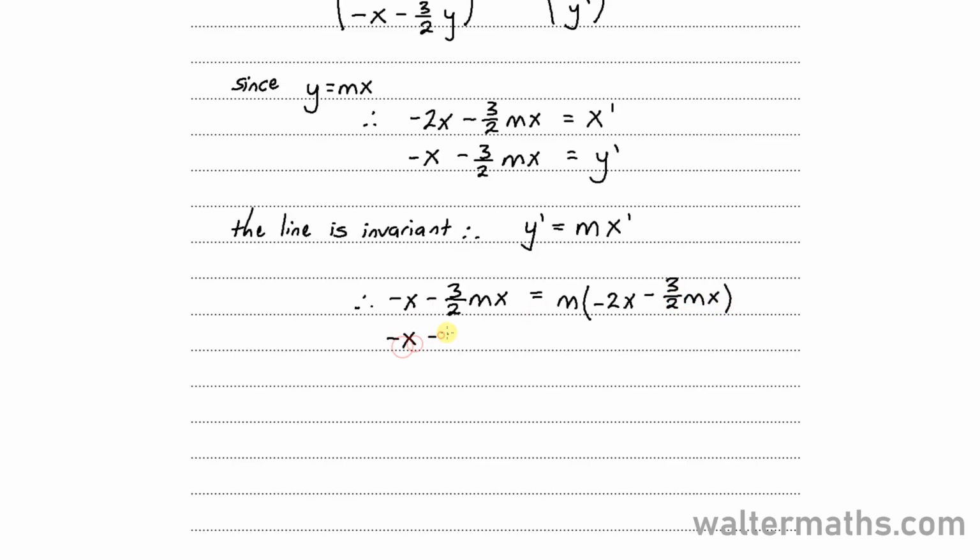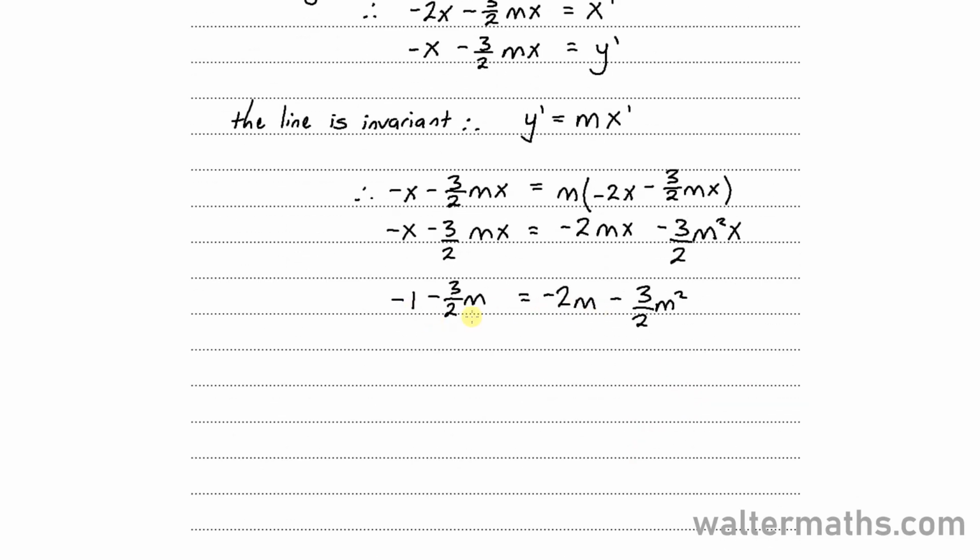So that's -x - 3/2 of mx equal to -2 of mx - 3/2 of m squared x. Now all the terms have x on them, so if we divide all the terms by x, then the x will be eliminated. So we'll have -1 - 3/2 of m being equal to -2m, and it's -3/2 of m squared.